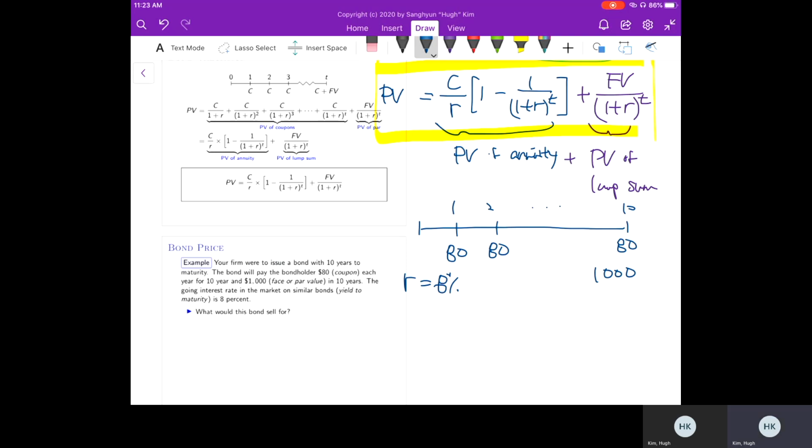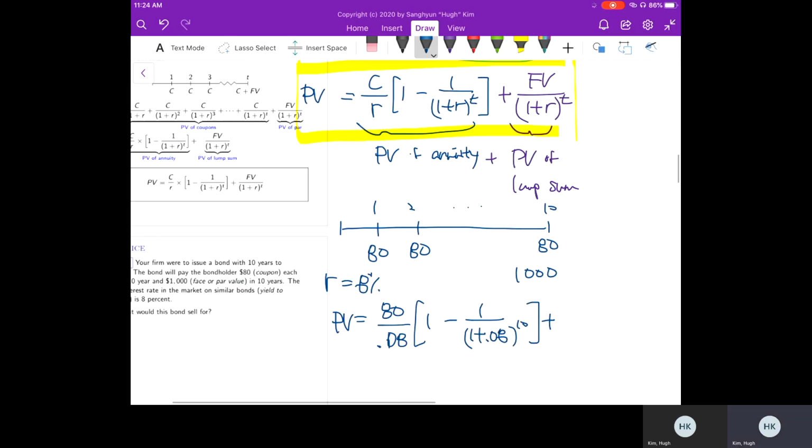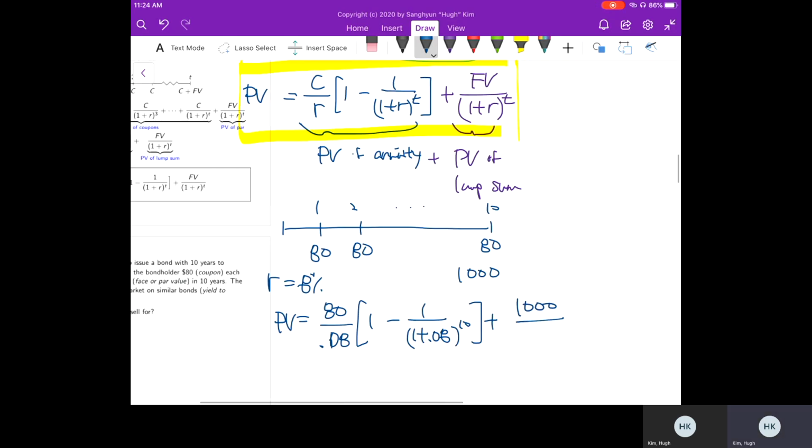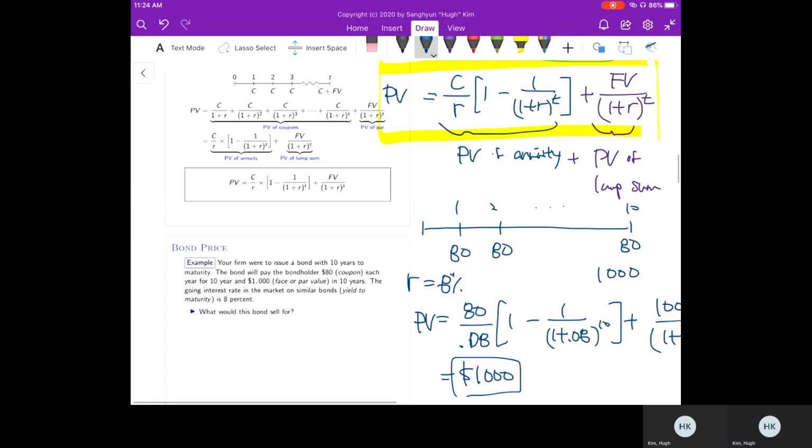The bond price should be the present value of all these cash flows. So the present value of the annuity part plus the present value of the face value. If you compute this, you get $1,000, which is the same as the face value.